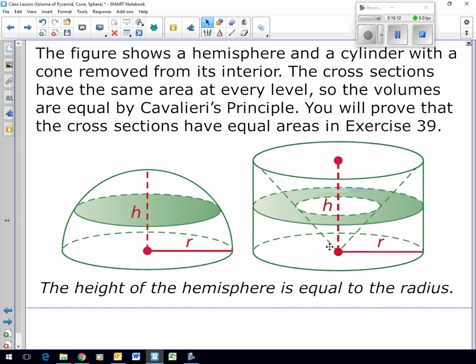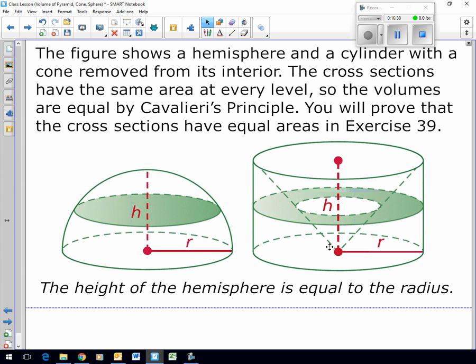That's right, what's Cavalieri's principle? We're revisiting this. If two figures have the same base area and at every level they have the same height, they have to have the same volume.